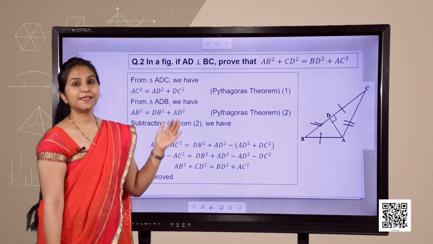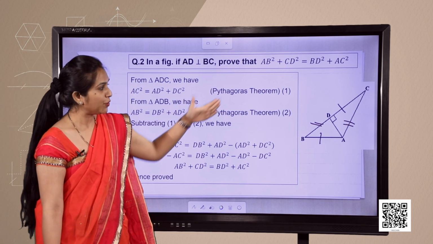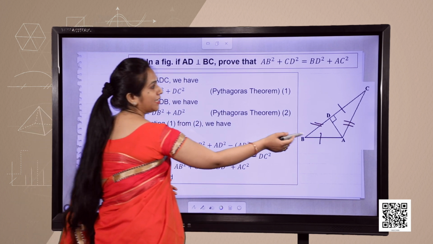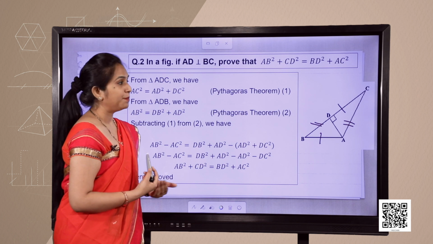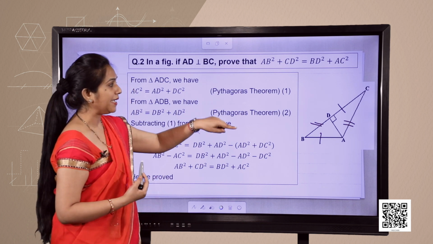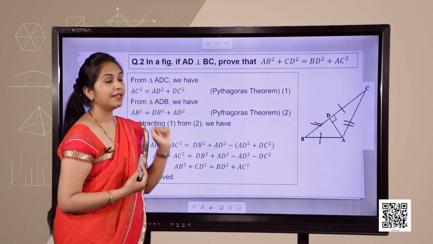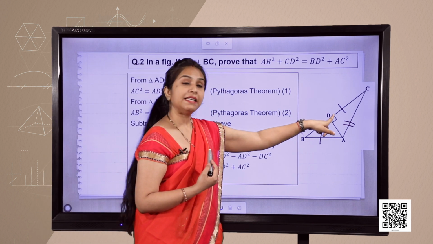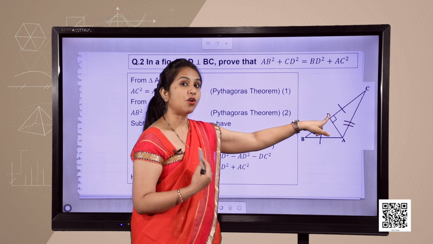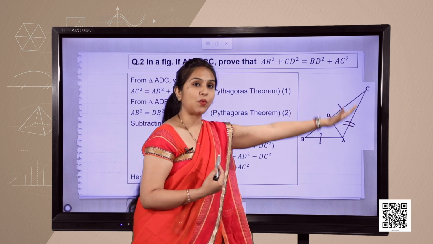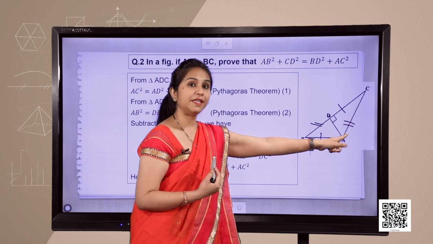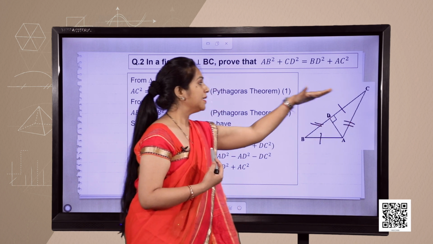Okay children, so you can see when AD is perpendicular to BC, it becomes a right angle triangle. So let's take both the right angle triangles one by one. First we are taking triangle ADC, which is right angled at D, and by using Pythagoras property, see if a 90-degree angle is formed here, then which one is the longest side? It is AC square. So write down using Pythagoras property, AC square will be equal to AD square plus DC square.